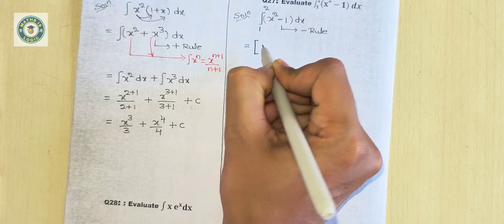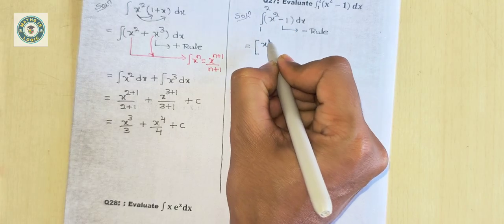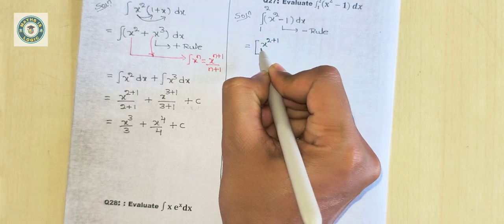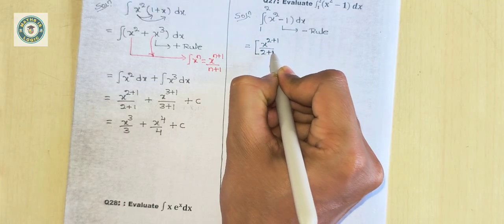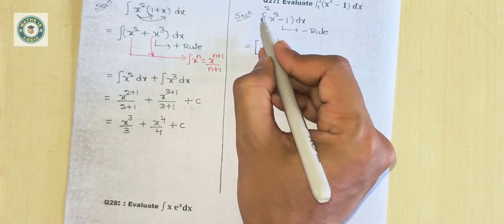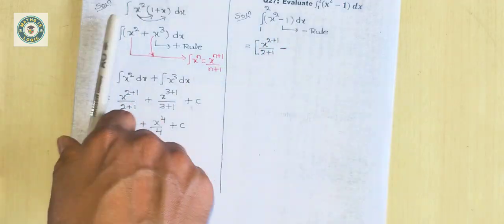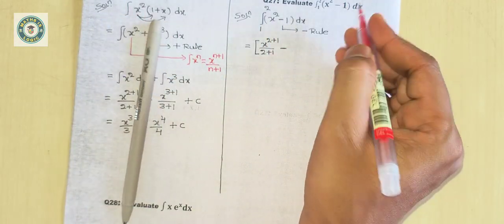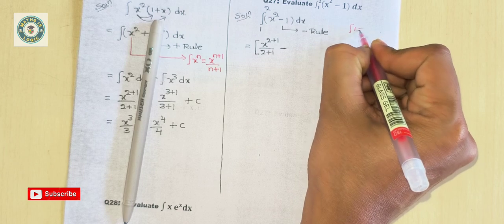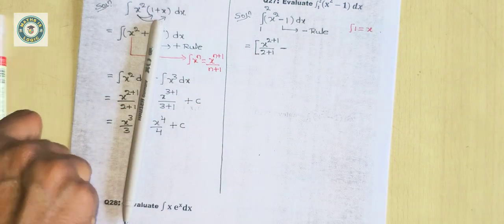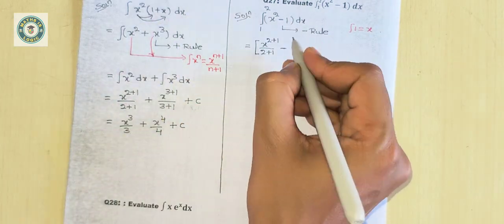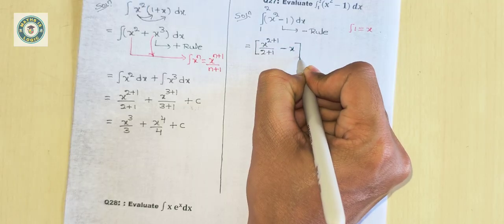So at that time it is x to the power 2 plus 1 divided by 2 plus 1, minus integration of 1. There is a formula: integration of 1 is x. Therefore integration of 1 goes directly to x.